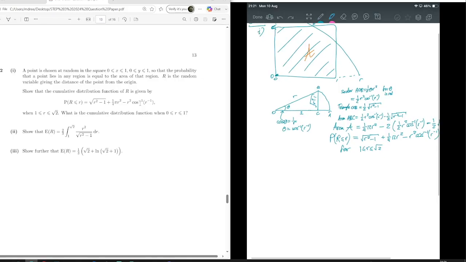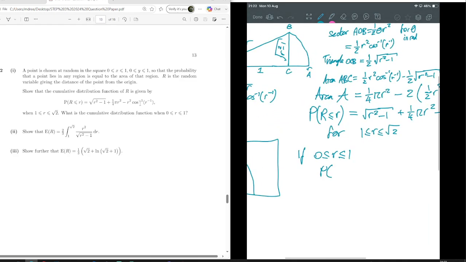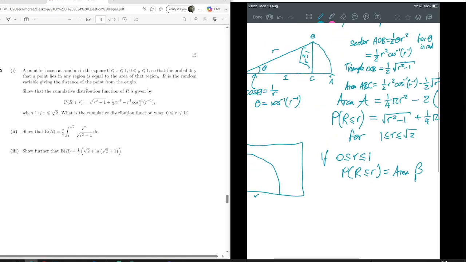And then finally, what I thought was the easier part is the case when r is less than 1. So if r is, and I should actually give it its proper bound, 0 is less than or equal to r is less than or equal to 1, the probability of r being less than or equal to r is equal to the area of, and now what is the script B?